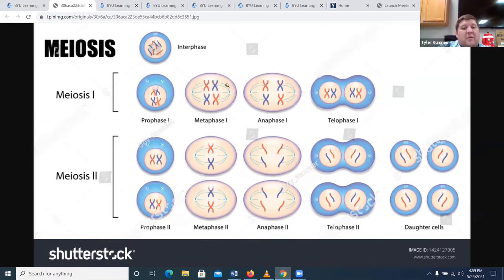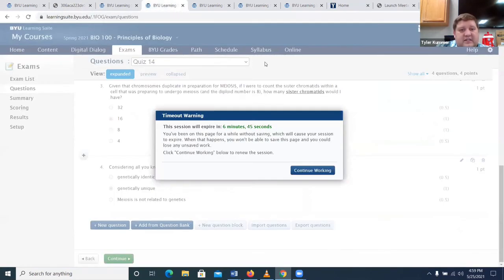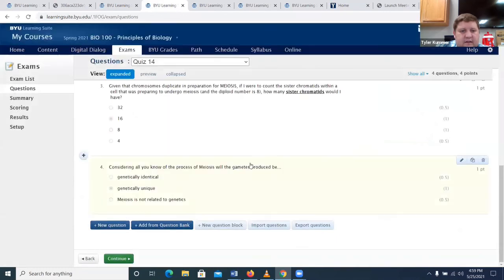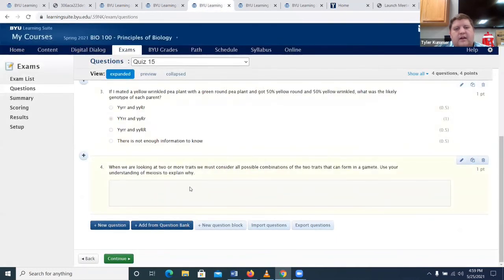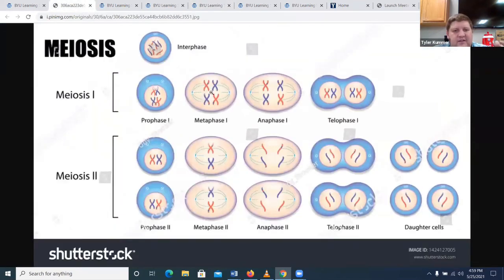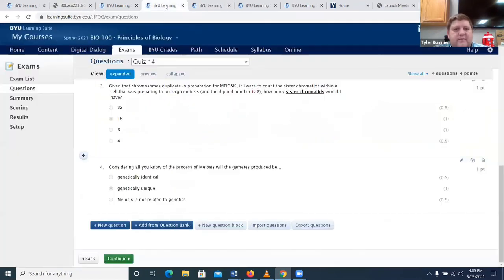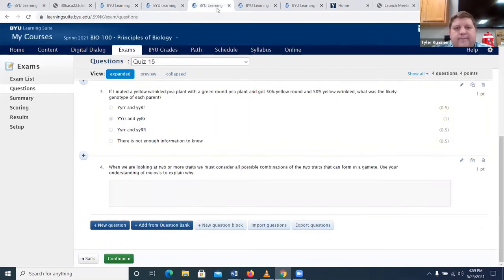And so based on where it lines up in metaphase 1, we can get different combinations of the gametes. And so that's what we're doing when we're doing that FOIL thing, is we're saying, what are all the possible ways the chromosomes could line up in metaphase 1, right? Okay.